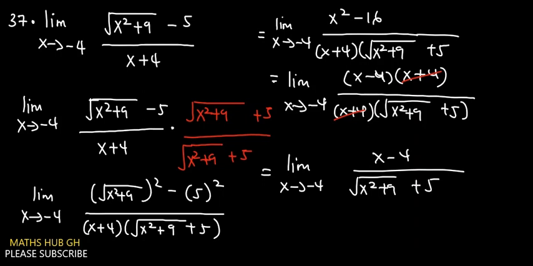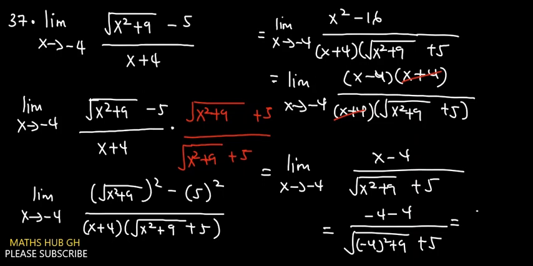So let's do the substitution and see what you are going to get. You're going to have minus 4 divided by the square root of minus 4 squared plus 9 plus 5. You're going to have minus 8 for the numerator.